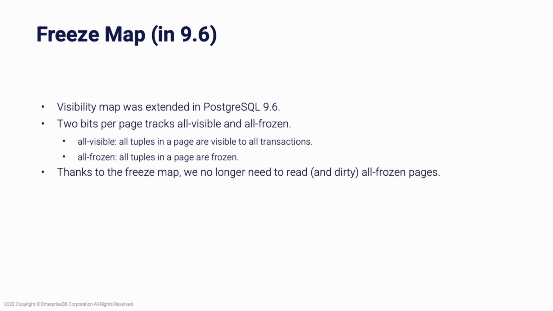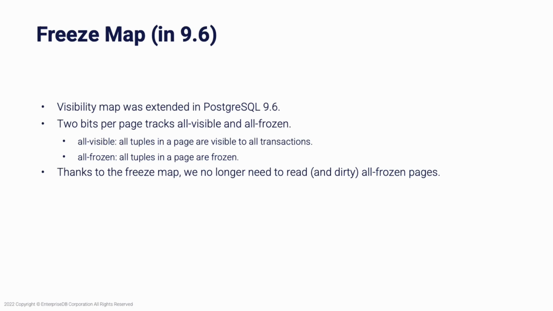The first one is the freeze map, which was introduced in Postgres 9.6. We call it the freeze map, but it's actually not a new map. Rather, we extended the visibility map by adding 1 bit per page.